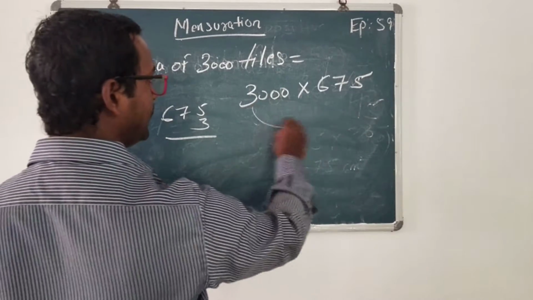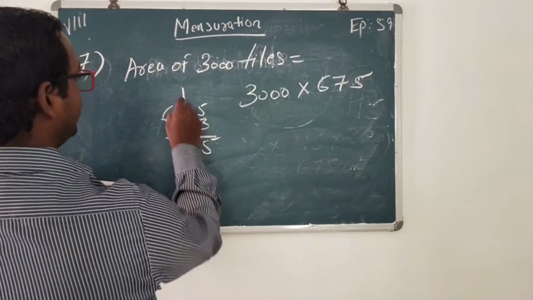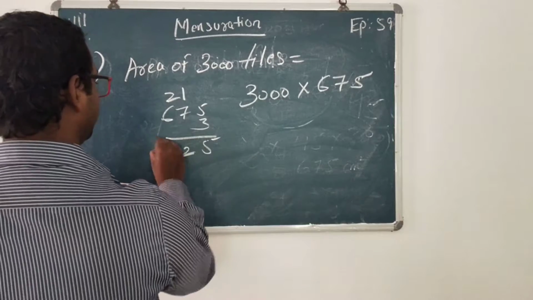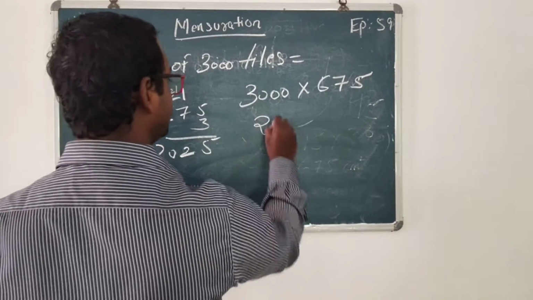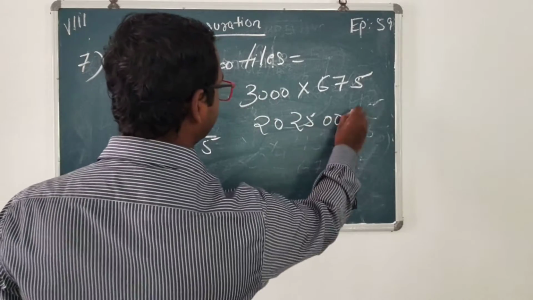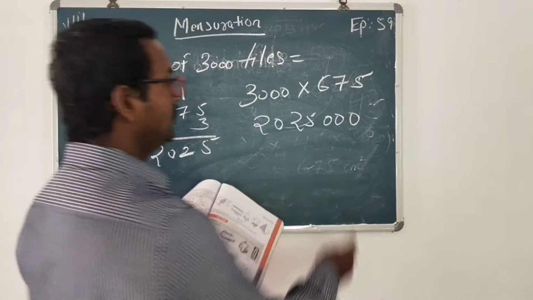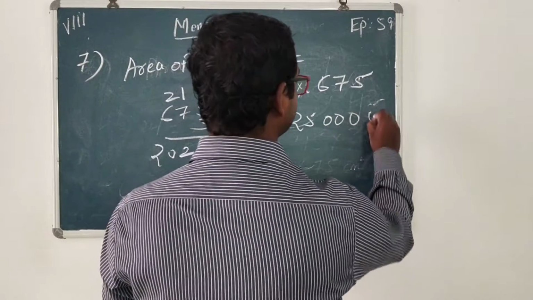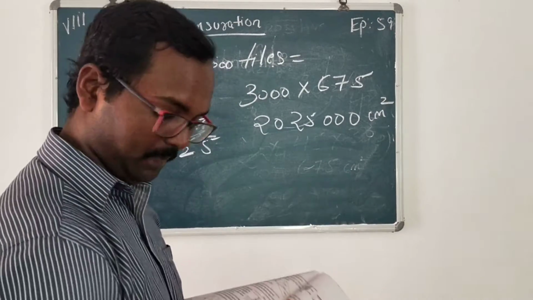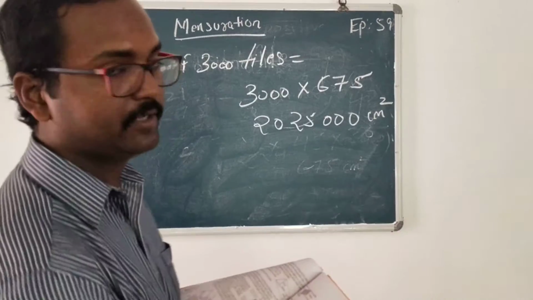Just multiply 3 and 675 and we will get 5 3 15, 7 3 21, 22, 6 3 18, 90. So the answer is 2025 and 3 more zeros are there. 1, 2, 3. So the answer I got finally is 2025000 centimeter square. This is in centimeter square.